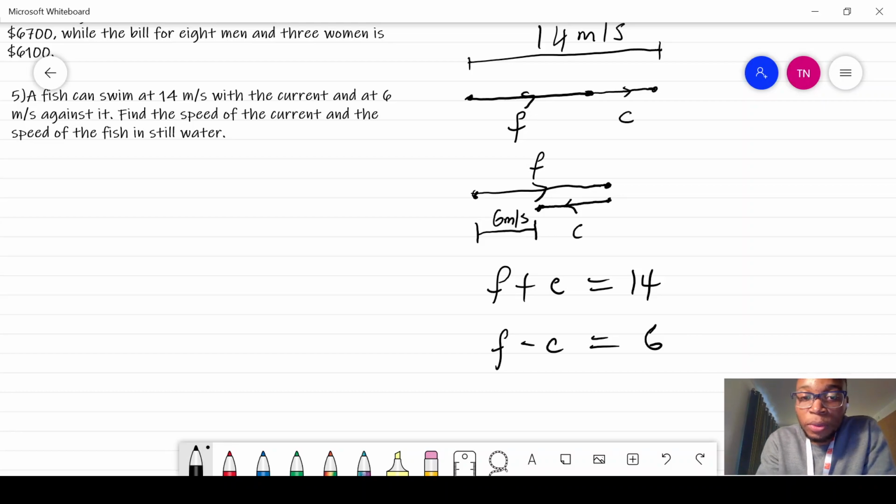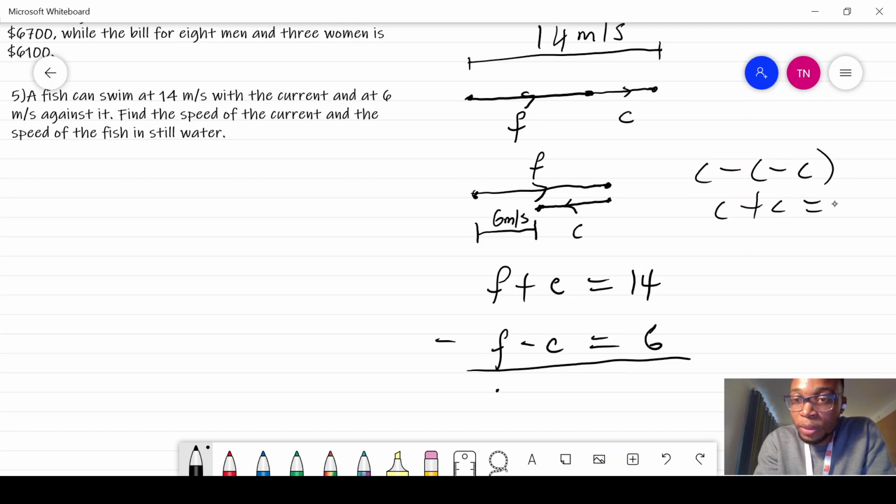When it's like this, you can simply solve it by elimination. We subtract the two equations since f has the same coefficient. So f minus f is just 0. Then c minus minus c, always remember, don't throw away the negative. The two negatives give you a positive. So this gives you 2c. Always remember that. 2c is equal to 14 minus 6, that is going to give you 8.